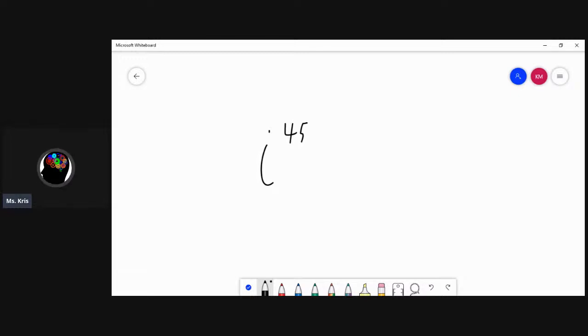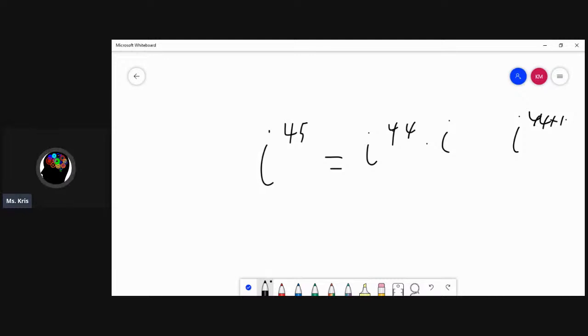This can be broken down in so many ways. For me, because I know that I can separate i to the 45th into i to the 44th times i, because of course i to the 44th times i to the first is i to the 44 plus 1. And that's why I was able to break down 45 to i to the 4th times i.